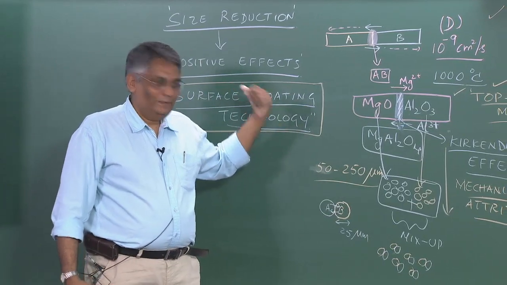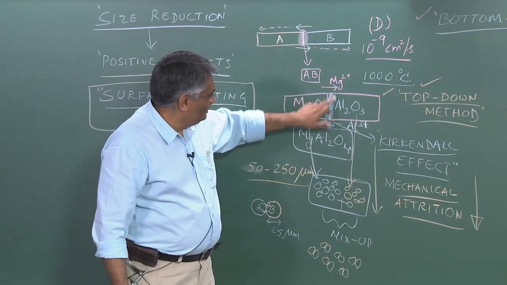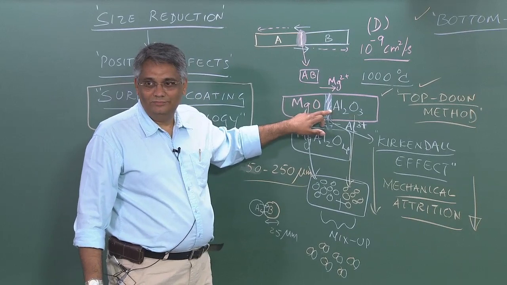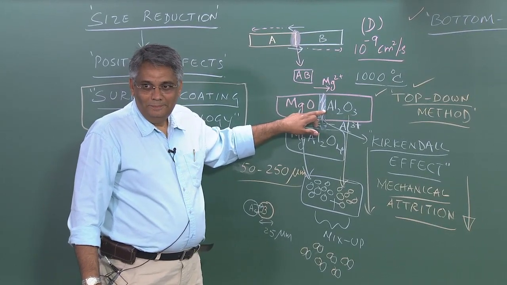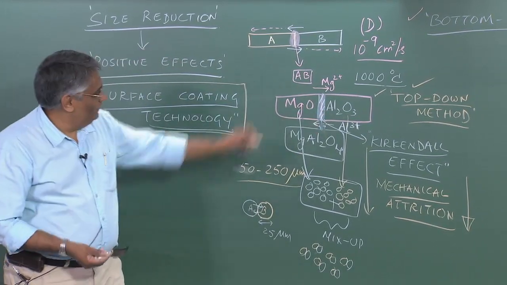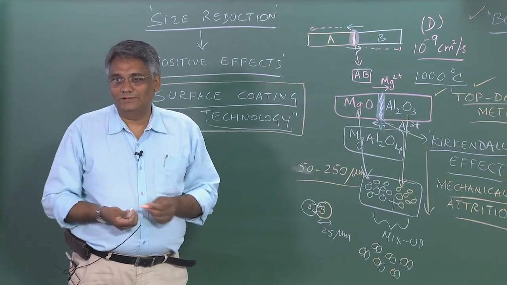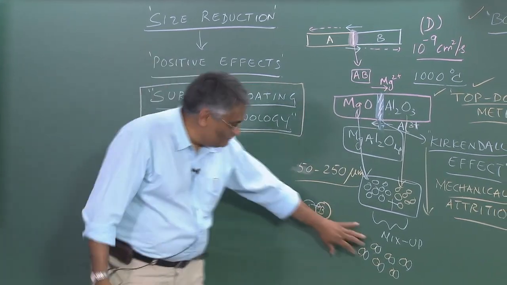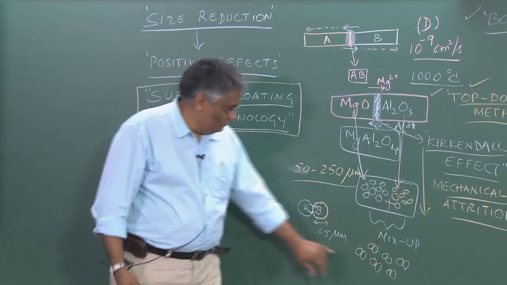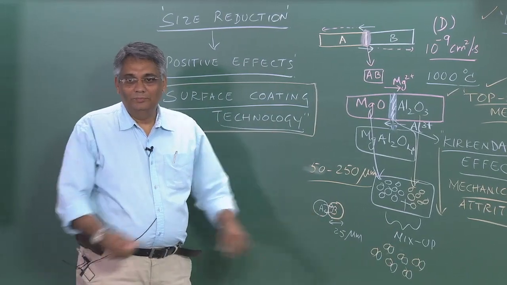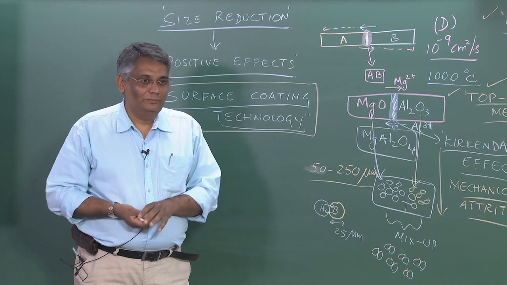It's the same thing that happens here, migration of magnesium ions to the other particle and vice versa. So now, instead of limiting this reaction at this interface, in this case the whole reaction is limited to a very small surface area. Now you're increasing the surface area, hence you're making the reaction happen between a large number of individual particles.